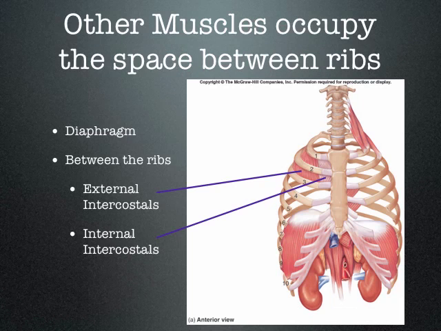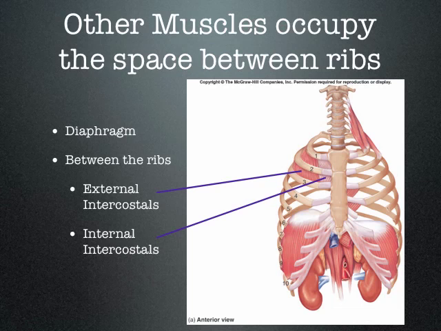thoracic breathing. And these are the muscles that are between the ribs here. These are the muscles between the ribs. What would I call a muscle that's between two ribs? Intercostals, right? And you can see I have two sets. I have an external intercostal and an internal intercostal.